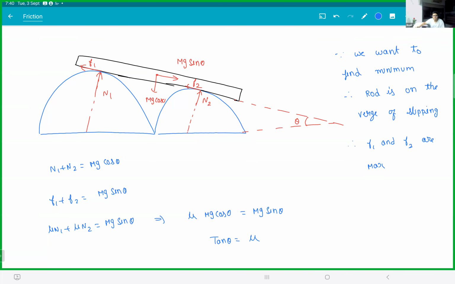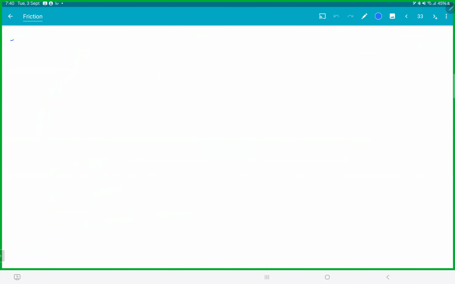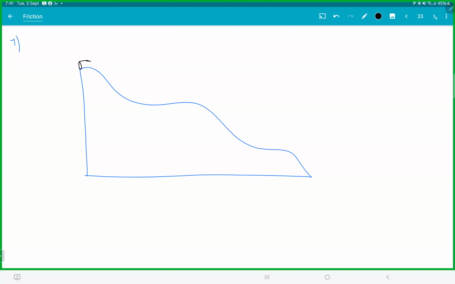Okay, sir. Thank you. Let's see one more. We have a weird surface like this. On this weird surface, you have a rope.